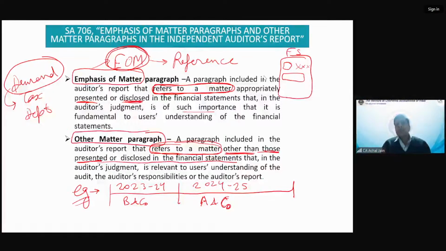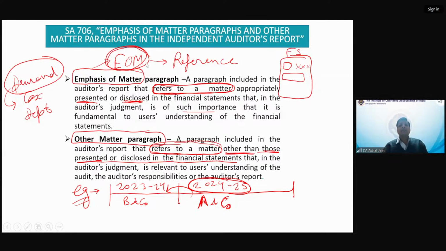Okay. But let's try to understand it from the perspective of the auditor. Okay. And again, for this, we'll have another topic over which we are going to touch upon this matter again in the form of comparative corresponding figures. When the auditor will audit the financial statements for 24-25, this auditor A and company, will this auditor go and repeat the audit of 23-24?